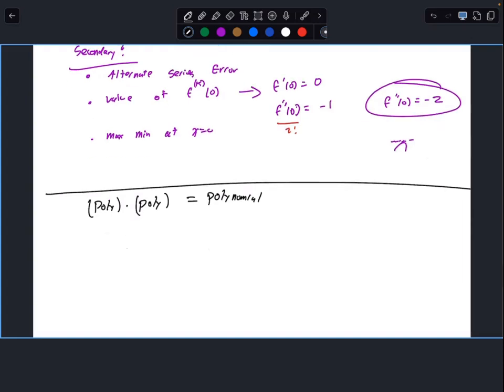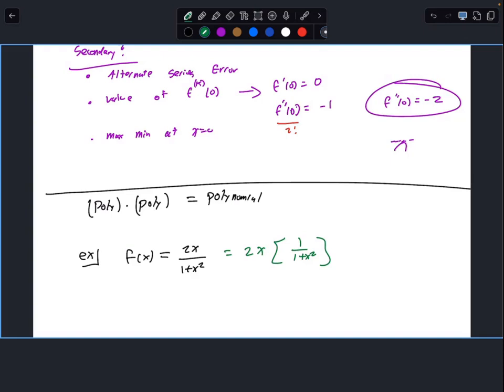An example of this is f of x equals 2x over 1 plus x squared. This is therefore 2x times 1 over 1 plus x squared. Now, 2x is a polynomial, but it's also its own Maclaurin series centered at x equals 0, and the other one we're going to find is also centered at x equals 0.